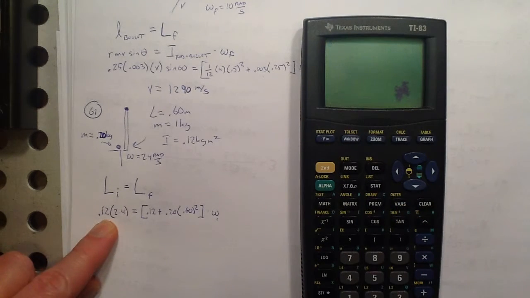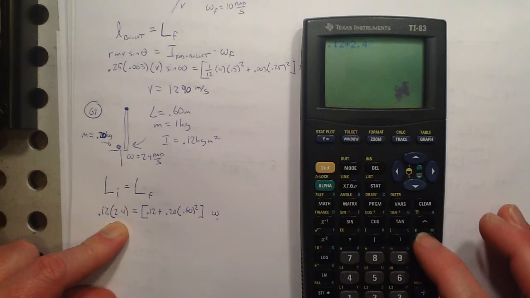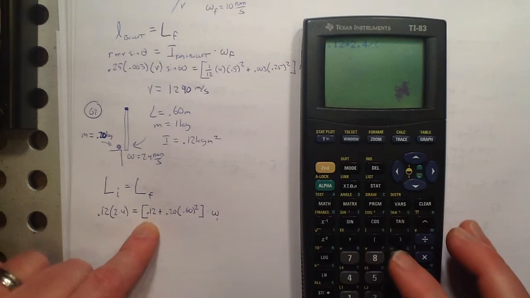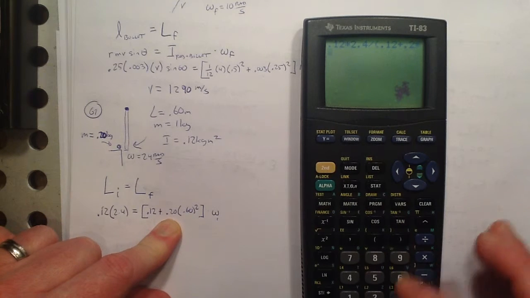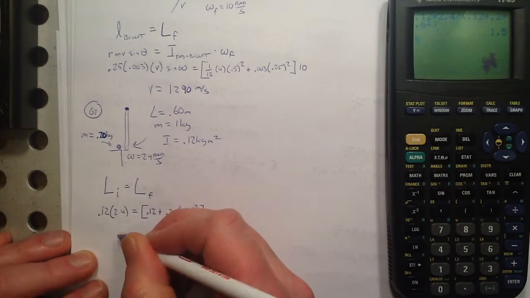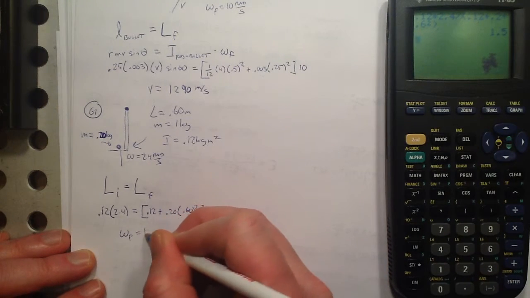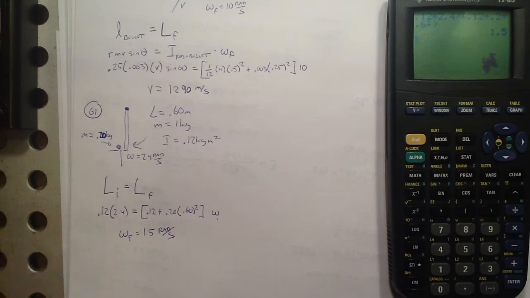But so that's 0.12 times 2.4 divided by this expression here, 0.12 plus 0.2 times 0.6 squared, and that's 1.5 radians per second. And that's it. Conservation of angular momentum. That's how you do it.